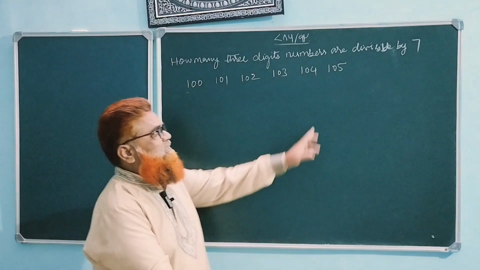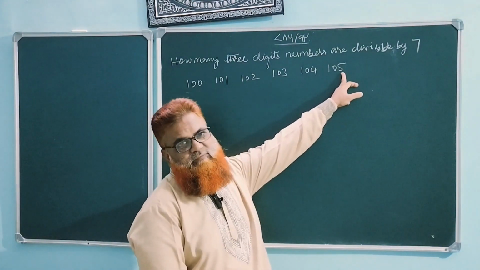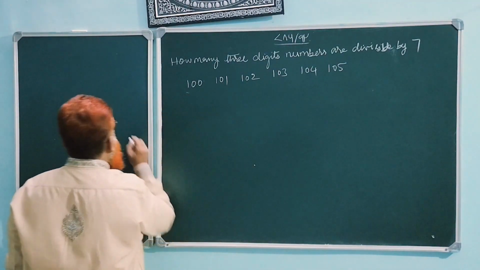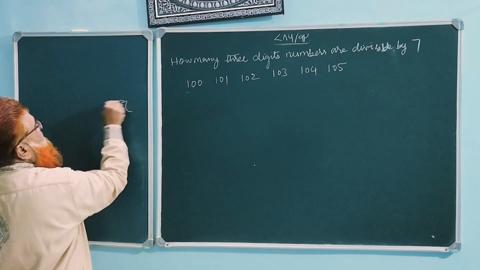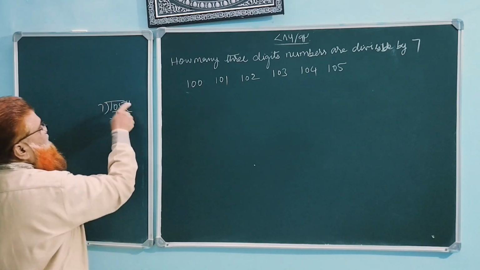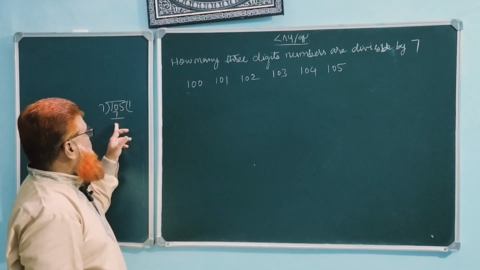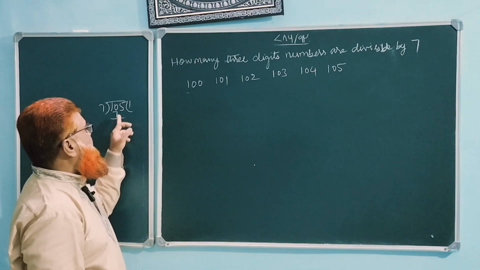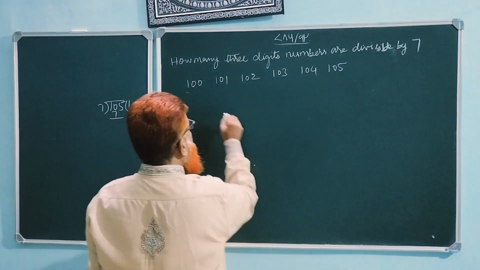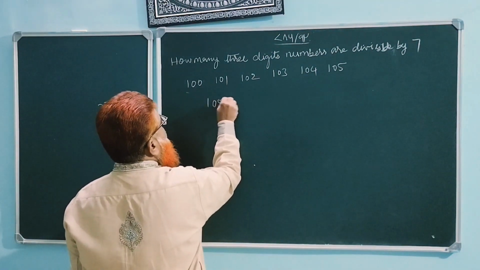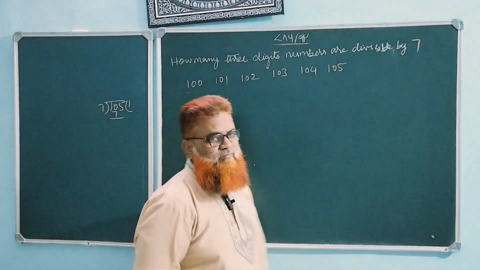Why? Because 7 ones are 7, we subtract it from 10, we get 3, and 3 and 5 is the multiple. 7 fives are 35. Therefore our first 3-digit number which is divisible by 7 is 105.